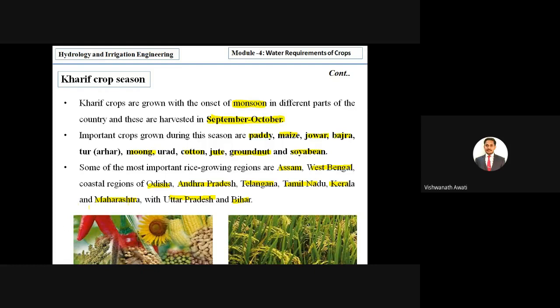So these are the locations, and what is important here is the time period when it starts, the different crops grown in the Kharif season, and the main locations for Kharif crops. I think it is understood.